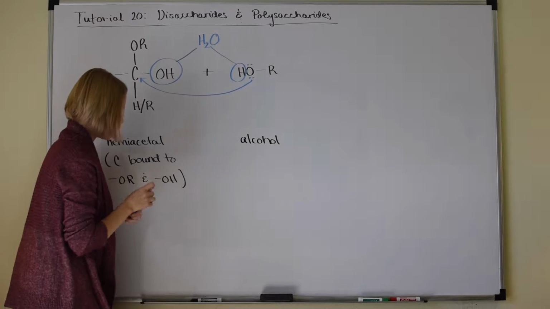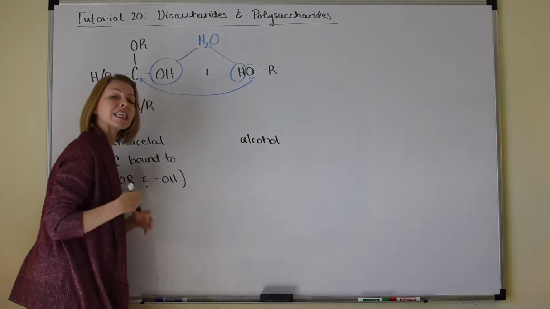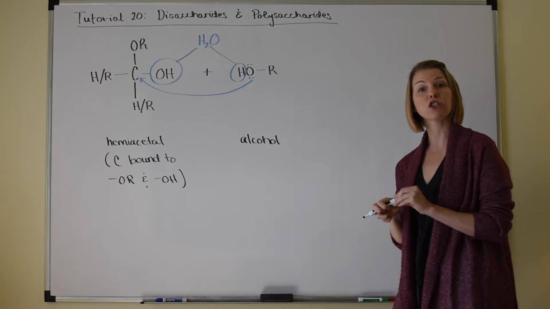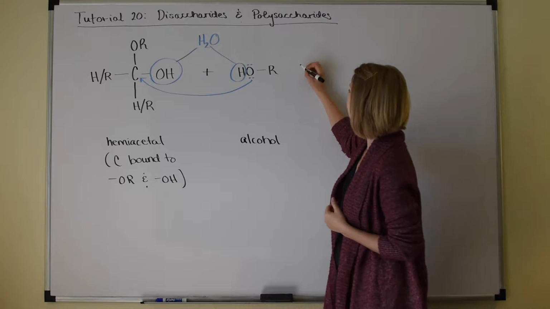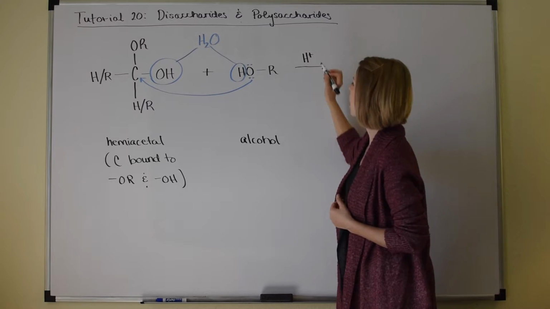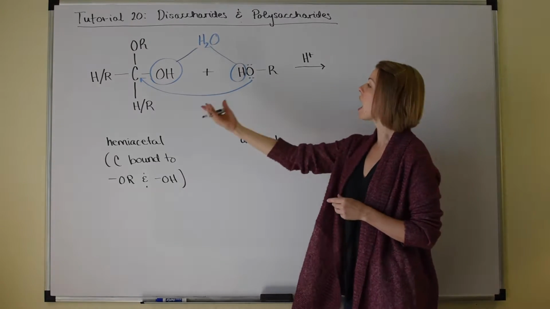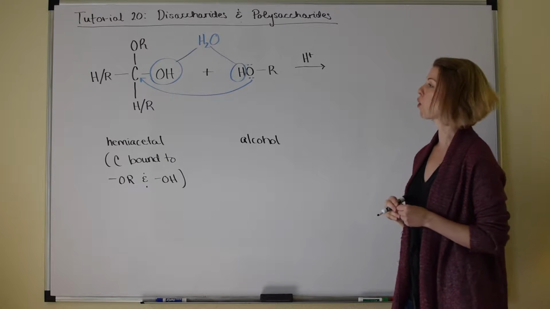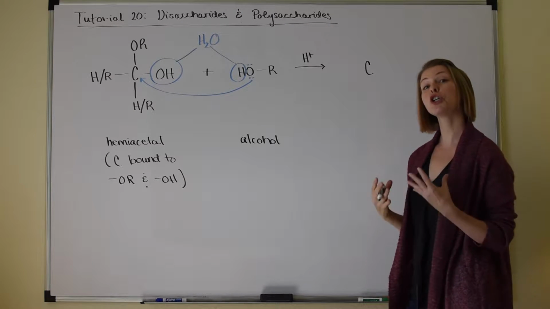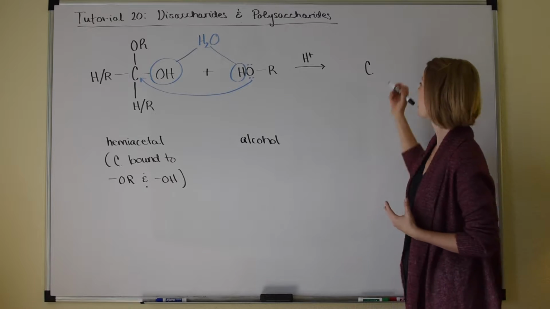Okay. Now this reaction requires a catalyst. If you're doing this reaction in the lab, that catalyst is going to be an acid catalyst. So I'm going to go ahead and write H+ above the arrow here. And the acetal that forms is going to have a carbon connected to 2 OR groups.